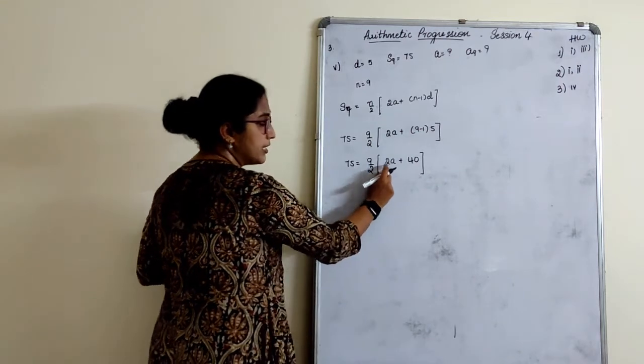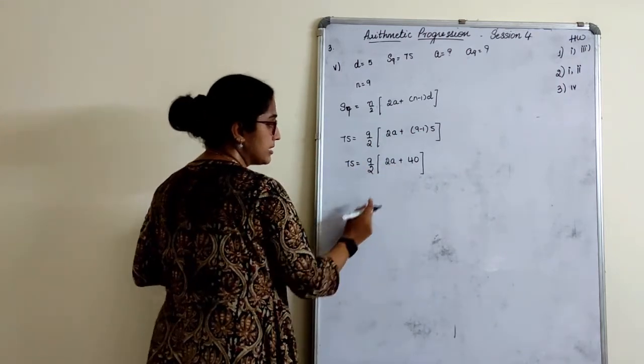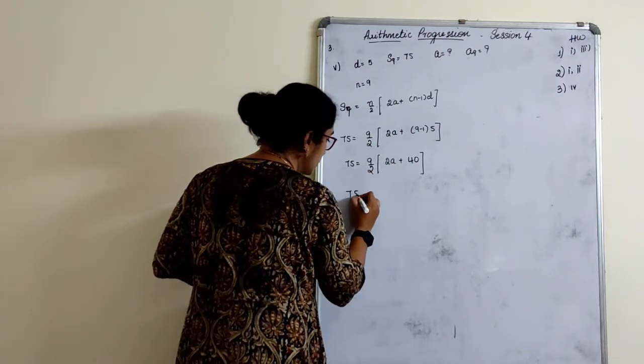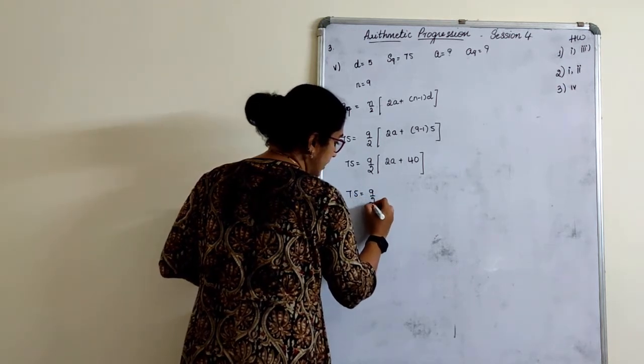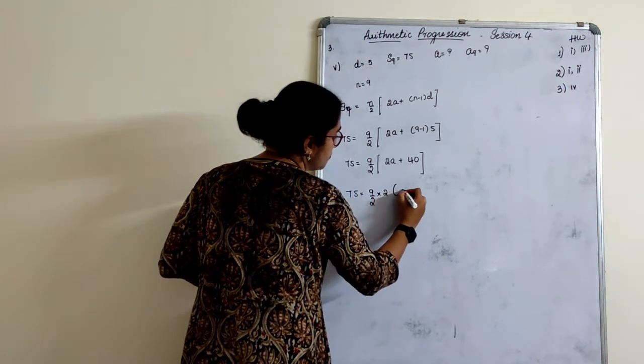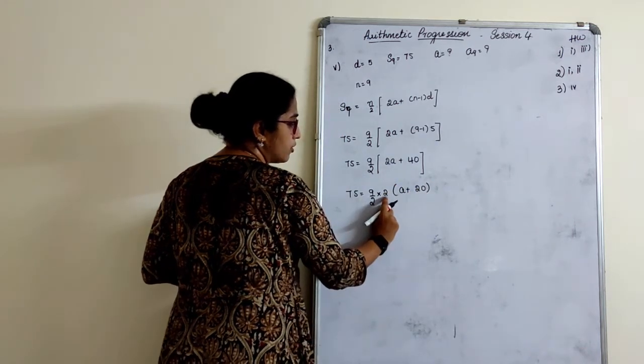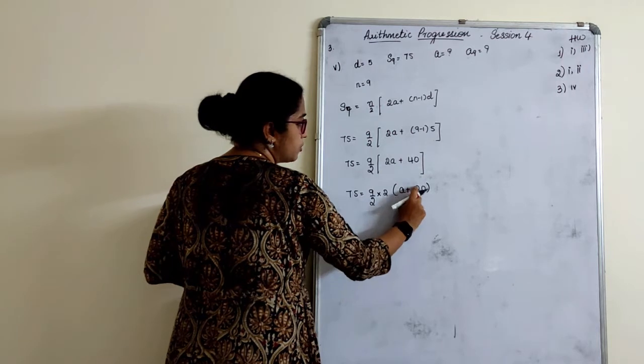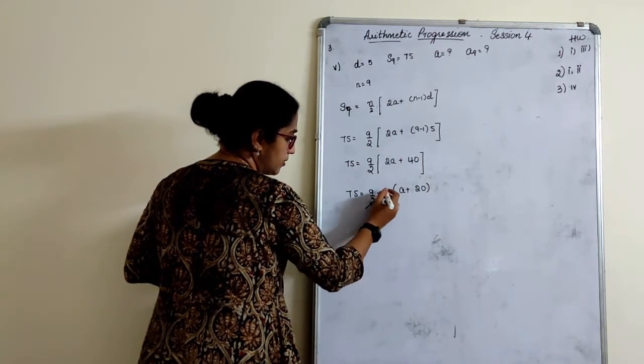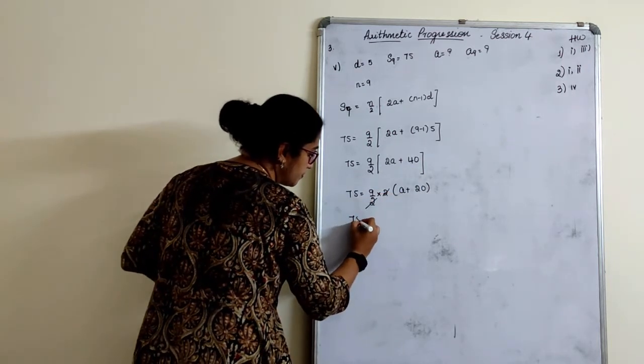Don't cancel the 2 and the 2 out, there is a plus sign. Take 2 common. 75 is equal to 9 by 2 into 2 times A plus 20. 2 into A is 2A, 2 into 20 is 40. Now cancel 2 and 2 and bring this 9 down.